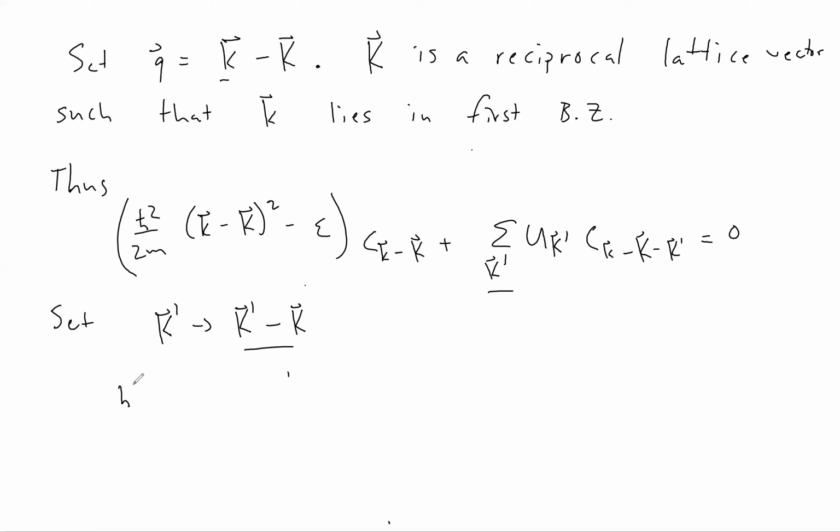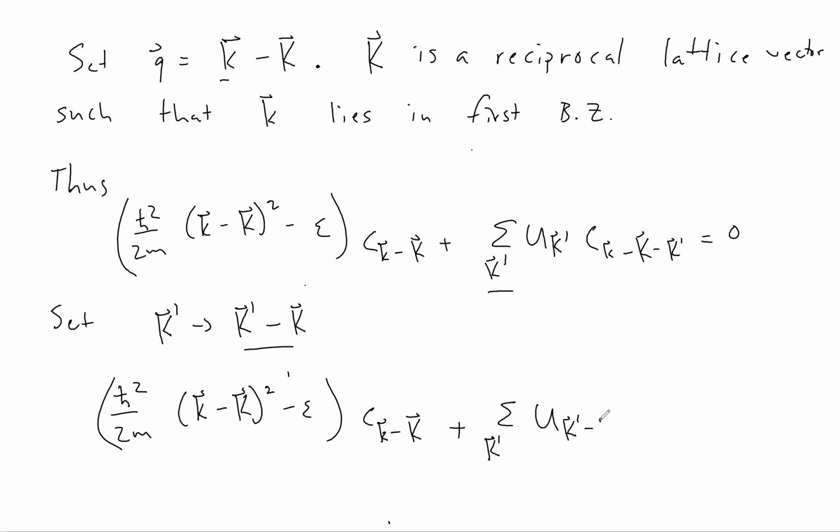So we have h bar squared over 2m (k minus K) squared minus the eigenvalue E, times c_{k minus K}, plus our shifted sum. This must equal 0. This is a restatement of the Schrodinger equation.